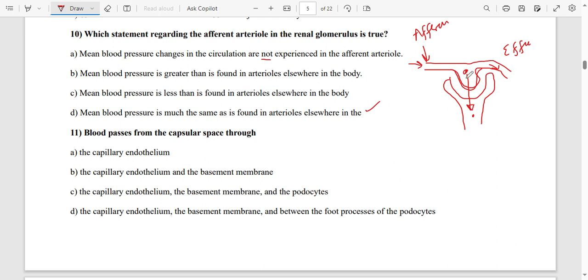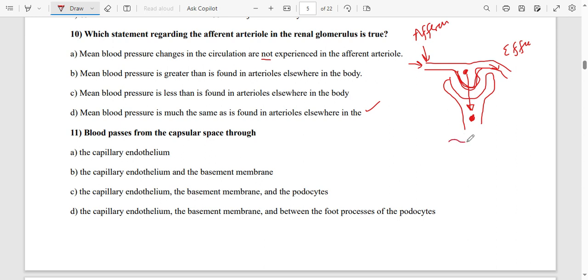Okay, so when you are coming from the capillary to go into the Bowman's, into this region, which is the collecting tubules, or the renal tubules, the first thing you have to pass is the blood vessel.